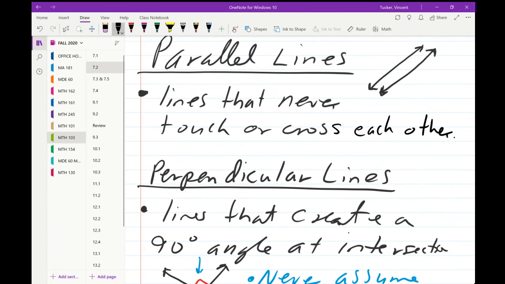Perpendicular lines: lines that create a 90-degree angle at their intersection.